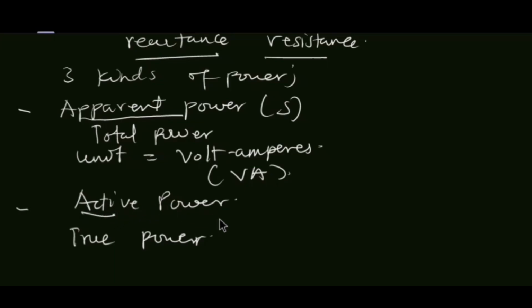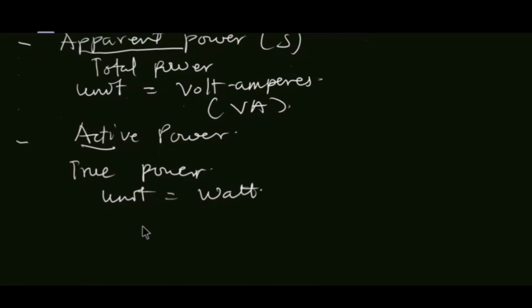If not, they will specify. So active power or true power has the units being what? Watts. You can also call it the true power or the actual power. Some will say the raw power or just simply power.